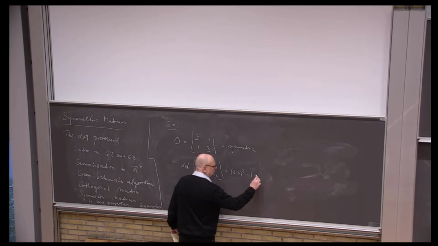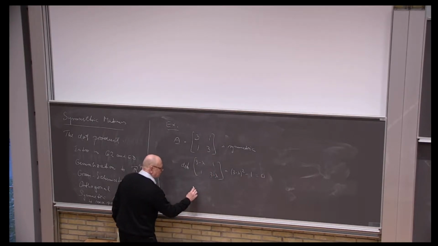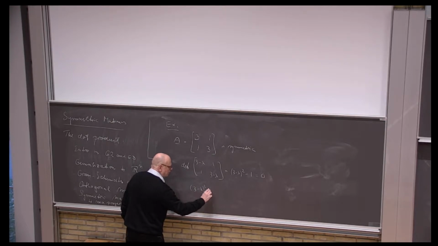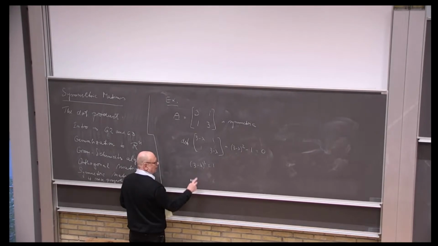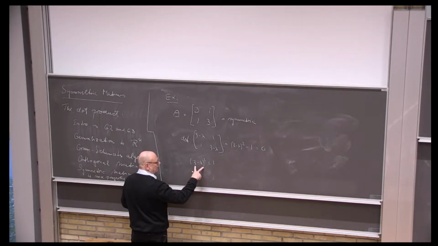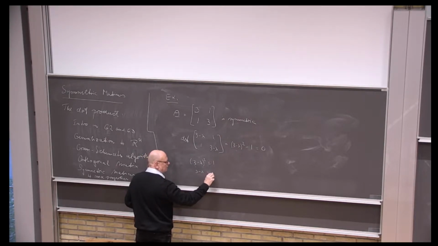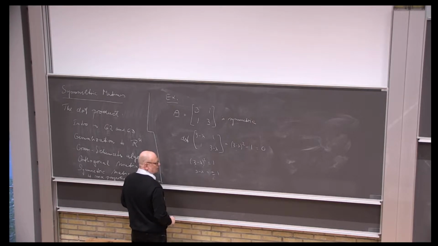If I put this equal to 0, I get 3 minus lambda squared is equal to 1. And if this number squared here is equal to 1, then it's either 1 or minus 1. So I have that 3 minus lambda is equal to plus minus 1.